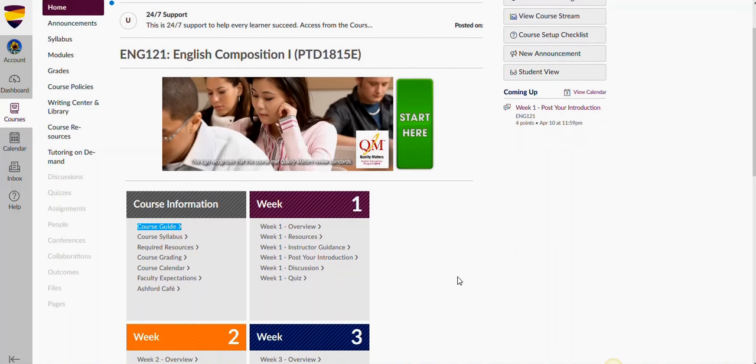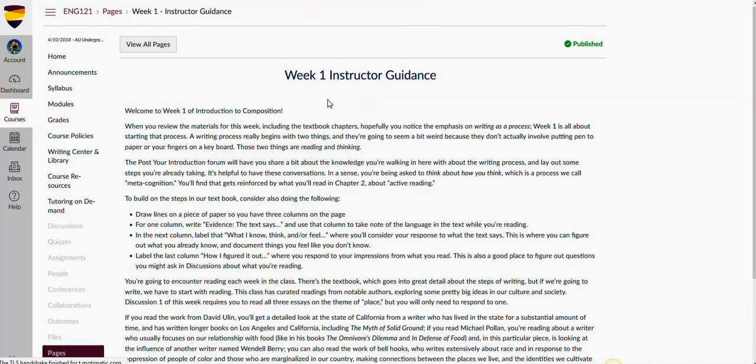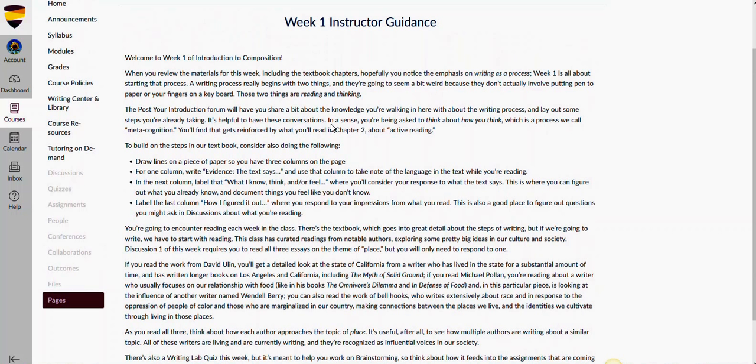A few things that you'll notice that are new about this course. We now have standardized guidances. They are embedded in each week. These are for the students to look at, obviously, but we highly encourage our instructors to adapt this and enhance it and then post it as your own announcement.